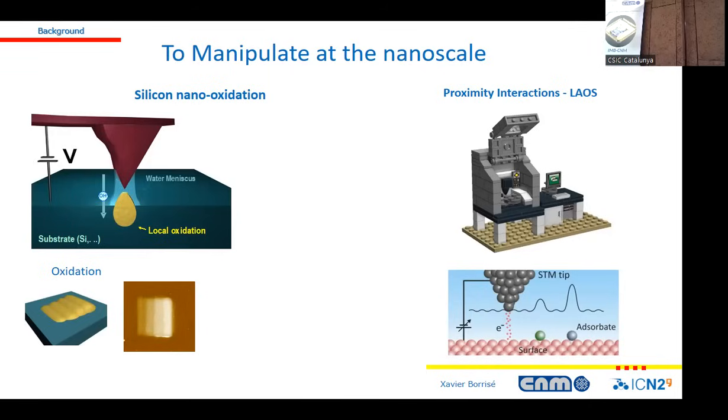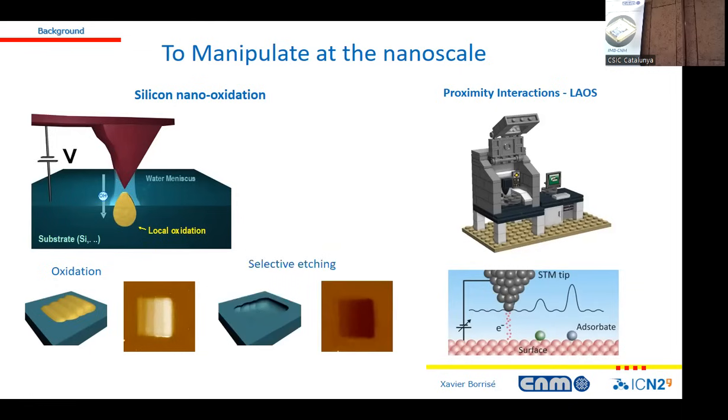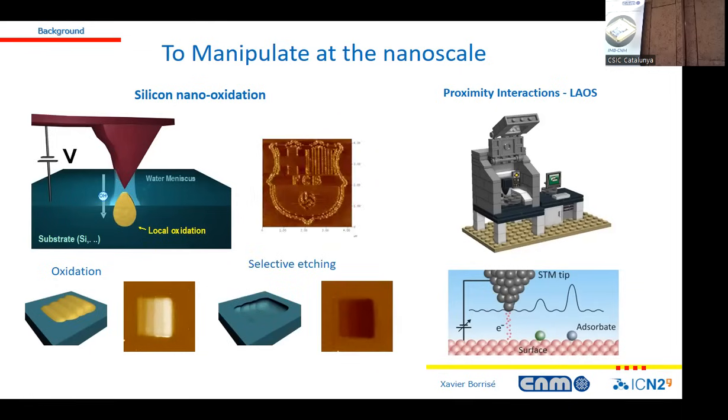This creates a contrast. It is this oxidized part that we can etch, and we really have silicon inside that we can use as a mask or simply remove, and have a very nice control of this system. It is even slower than the electron technique, because it's also serial.